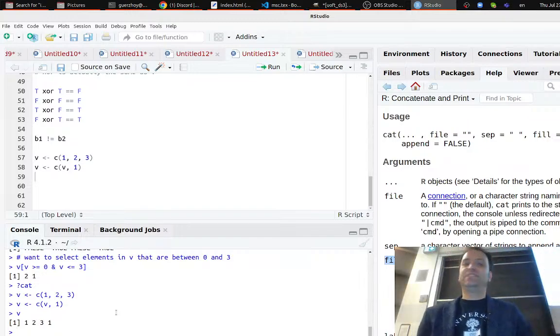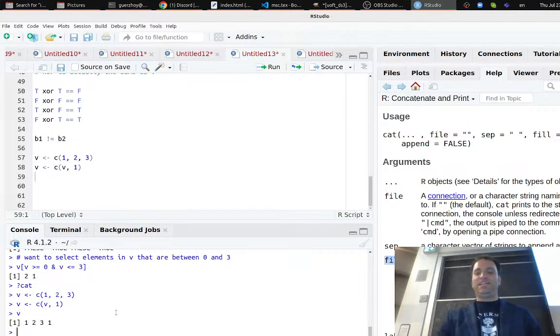Would that also create 2D vectors? Well, as you see, no. It just sticks everything together. It's going to be one-dimensional. If you want a matrix, that's something different.